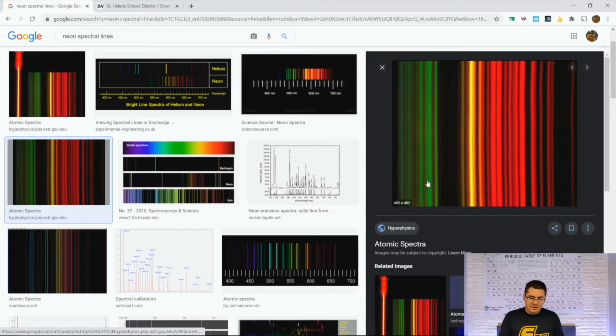You'll see that there are a lot of spectral lines, and that's due to the amount of transitions that there are in a neon atom. Neon is element number 10, so it's got 10 protons and 10 electrons to fall from different places and interact with each other and create this spectrum.